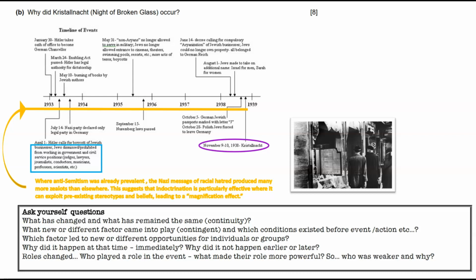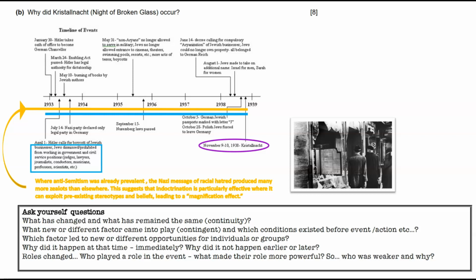And that's also a continuity. It's there. It's been there. So again, what changed? What is the contingent aspect? What happened to make the German people, the Nazi Party, act so violently against the Jews in November?